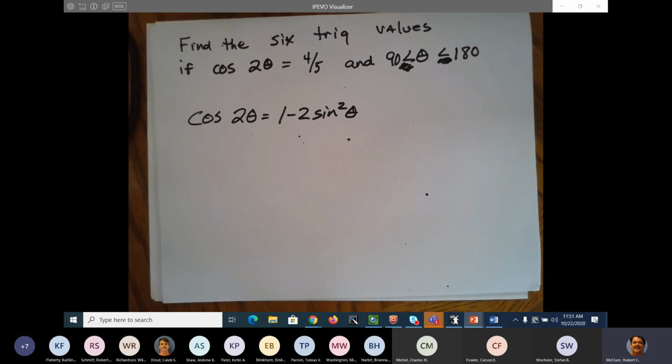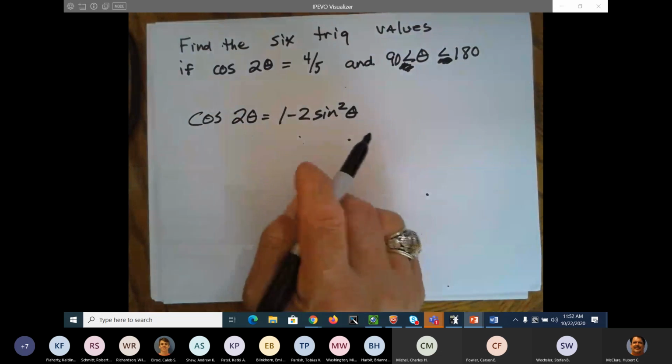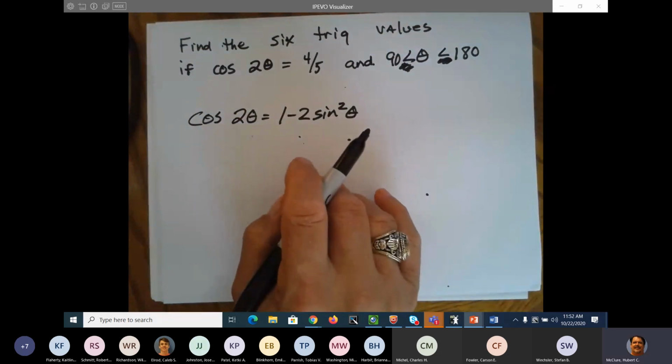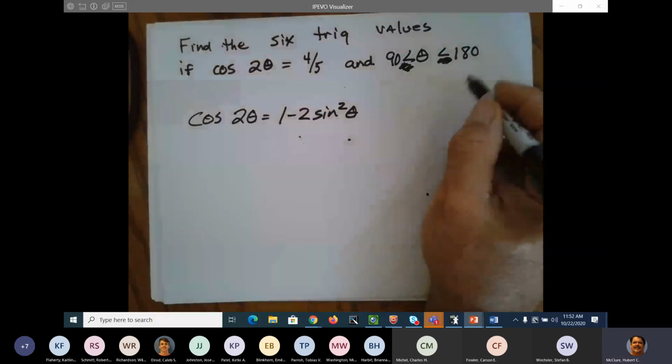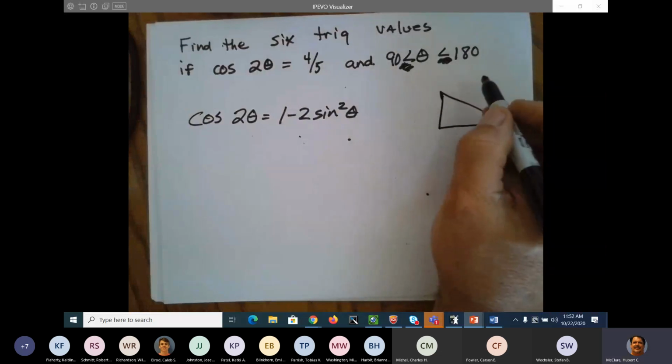So of course, you know that you can go through and go ahead and find the sine. Well, we know that the cosine of 2 theta is equal to 4/5. So I'm going to go ahead and see what this looks like. We're talking about Oscar had a hunk.